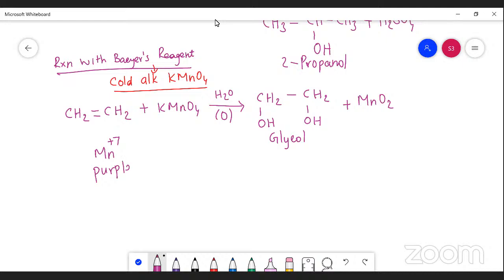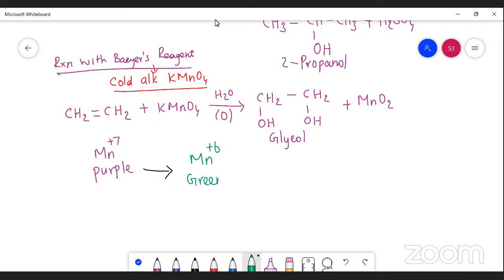This purple solution is converted into dark green, that is Mn in the +6 oxidation state, a green solution.